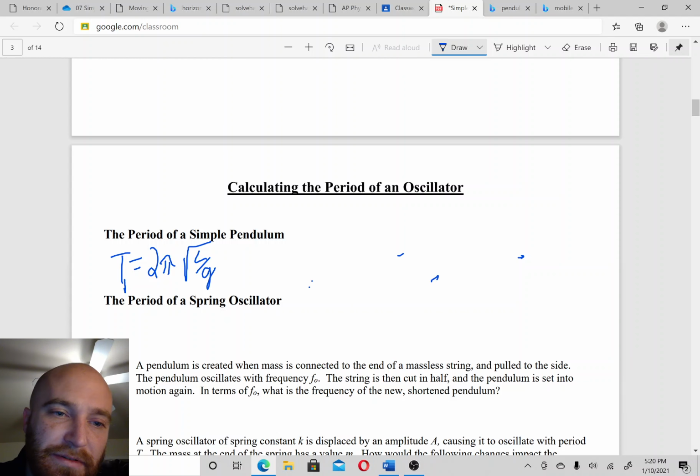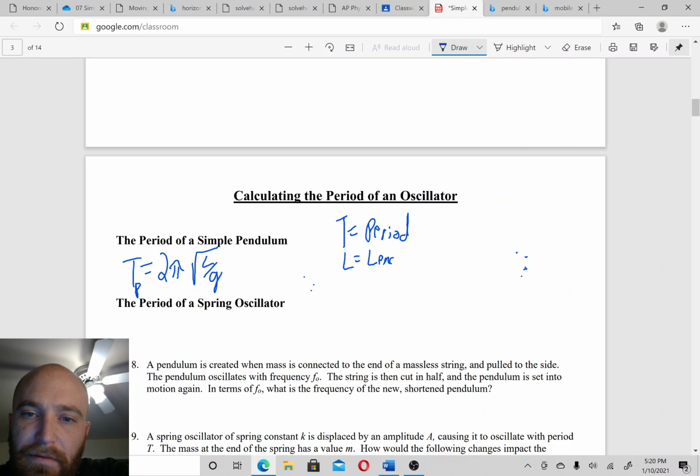Okay, so let's give it a little P for pendulum. T stands for period, and the P just means the period of a pendulum. 2 and pi are constants. They mean 2 and they mean pi. L stands for the length of, more specifically, the string.